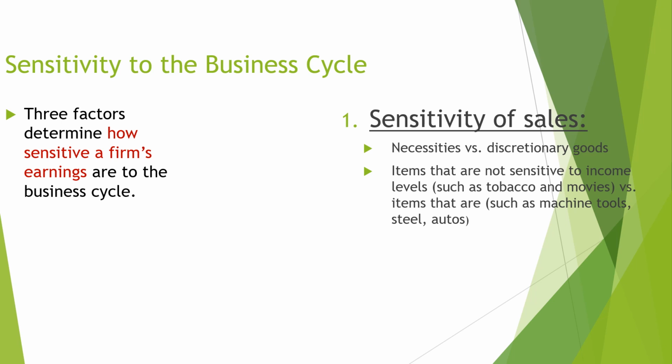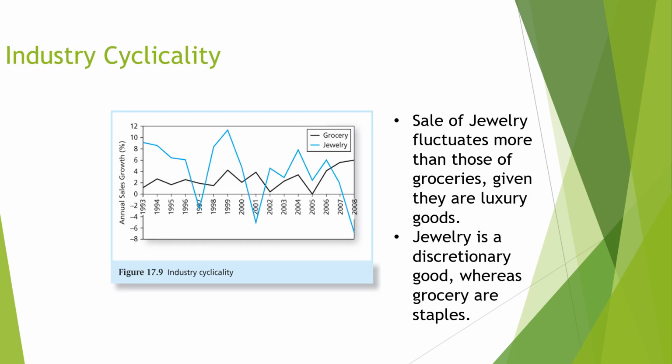For example, luxury items are very sensitive. But in a poor country, luxury items are not sensitive at all because the people don't buy. So when you analyze the sensitivity of sales, you need to look at the economy.